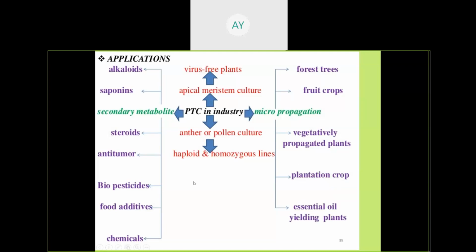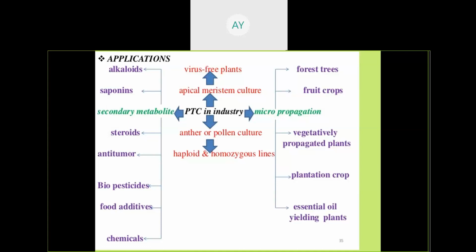Through plant tissue culture we multiply the plant and then insert the useful gene. That gene enhances the production of secondary metabolite. First we create transgenic plants through recombinant DNA technology, and after creation of recombinant cells of the plant, we multiply those cells through plant tissue culture, and then we grow a large number of plants so that we can produce a huge quantity of those chemicals inside the plant itself.